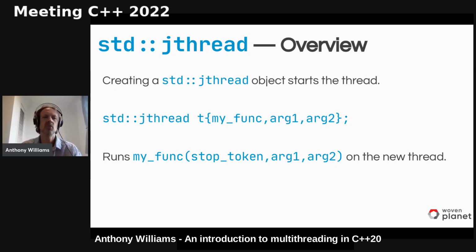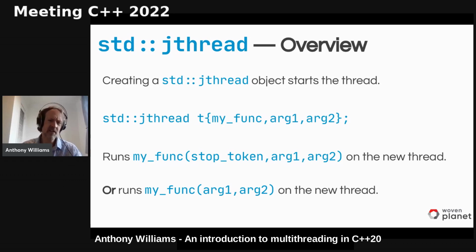The reason we took the detour into cooperative cancellation first is because Jthread incorporates cooperative cancellation. When it calls your function, the first parameter is going to be a stop token. That stop token relates to a stop source held internally in the Jthread object, and so it gives us that cooperative cancellation option.